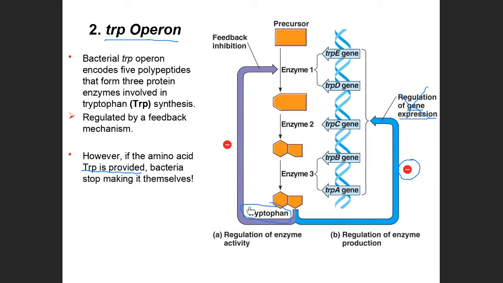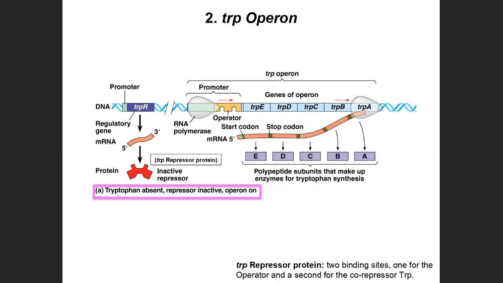That same product being produced by the genes that make up this operon is also going to act as a co-repressor, turning off expression of the genes that produce it. It's kind of an auto-regulatory process. Let the product help control when expression of this operon is occurring in order to maintain the ideal concentration of tryptophan in the cell.